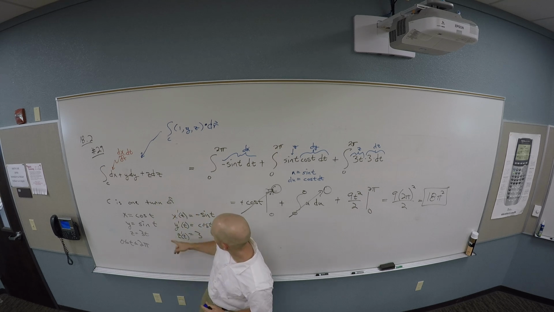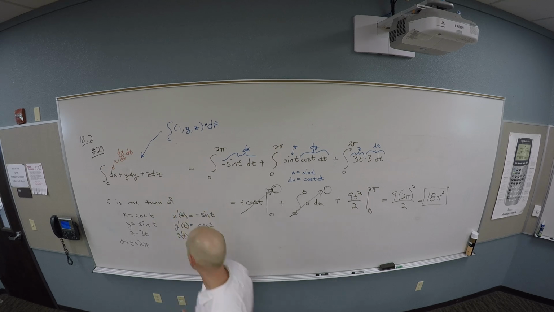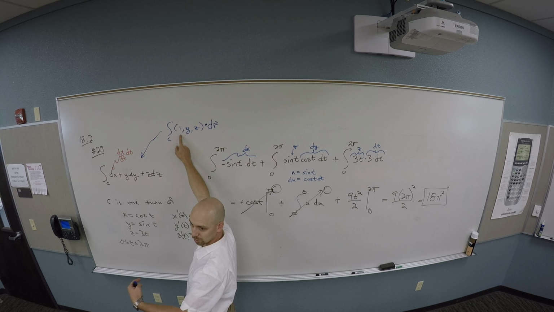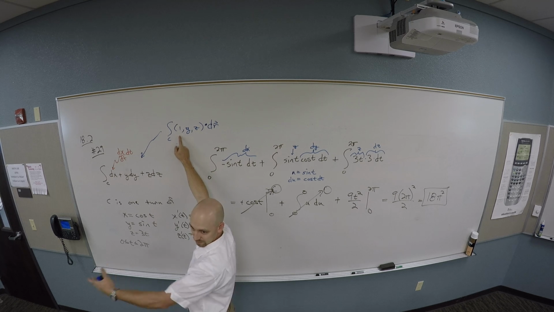In fact, let's see. The help along the circle alternates. The x component is always pushing off to the right.